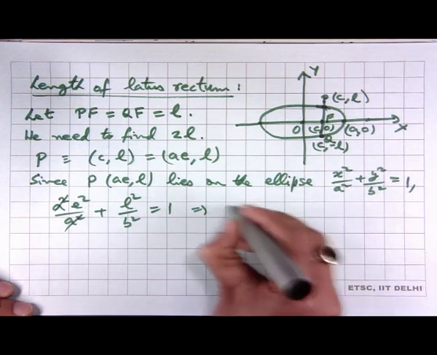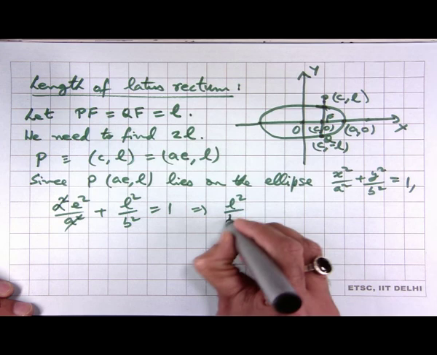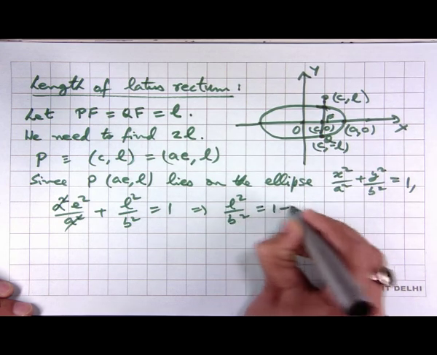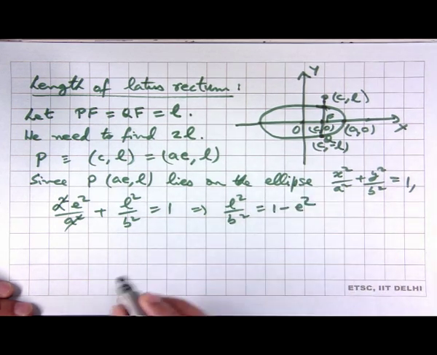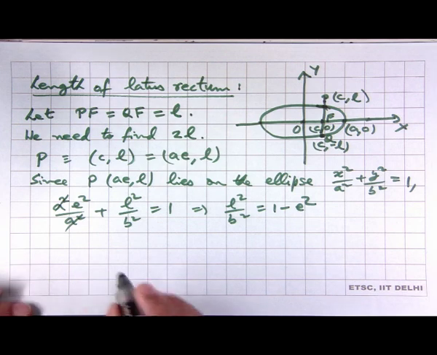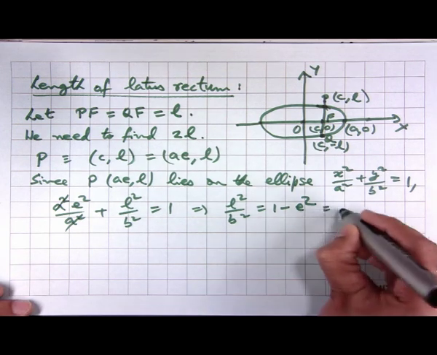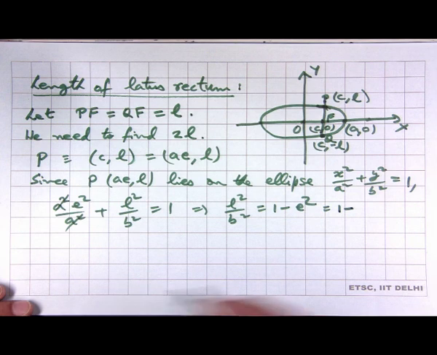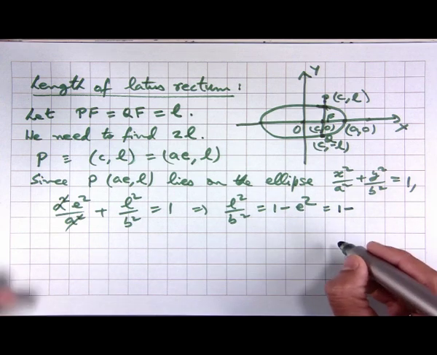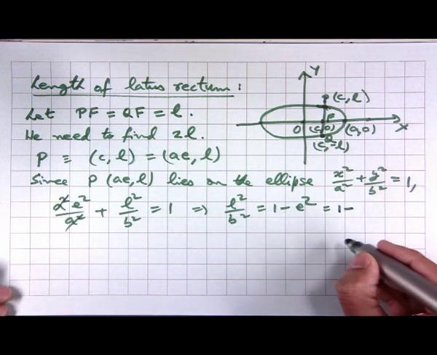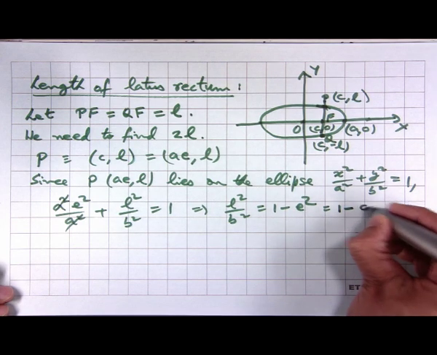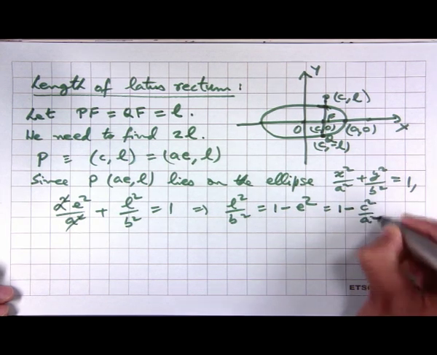So, this gives l square by b square equal to 1 minus e square, which is 1 minus c square by a square.